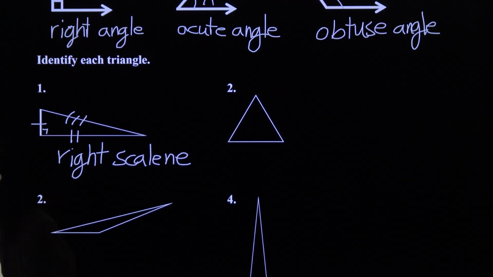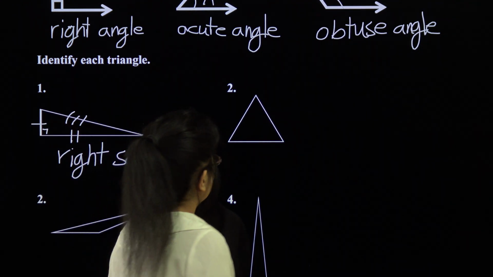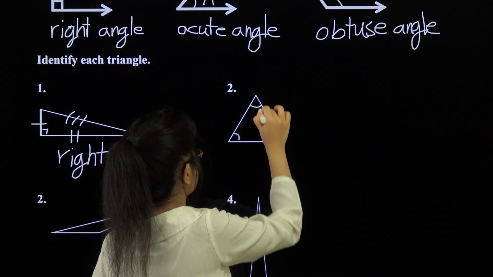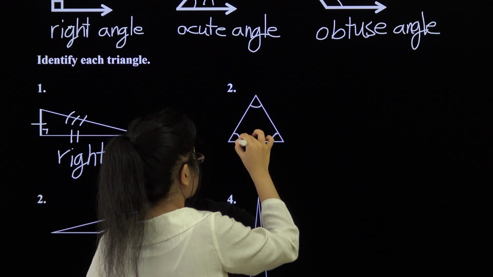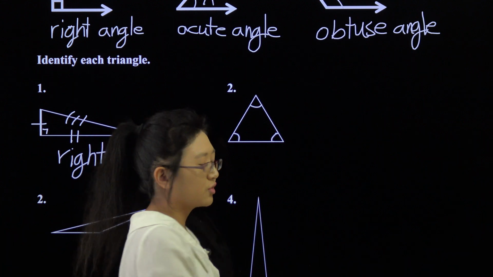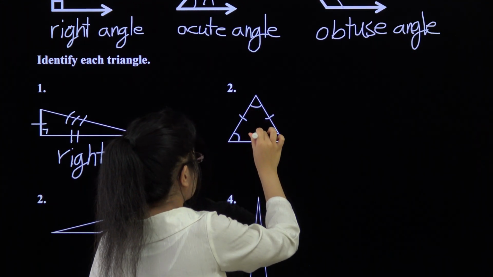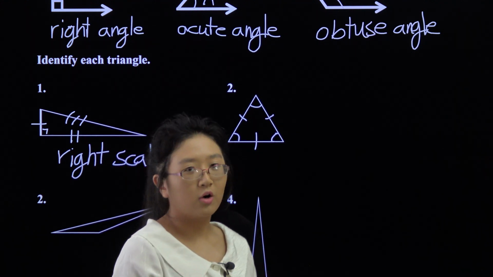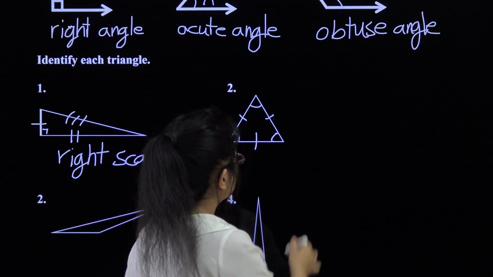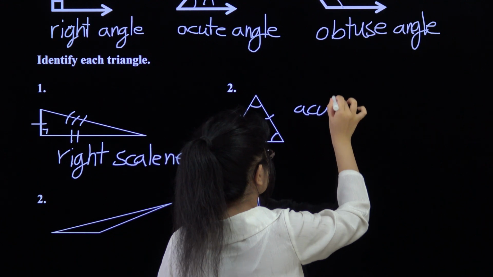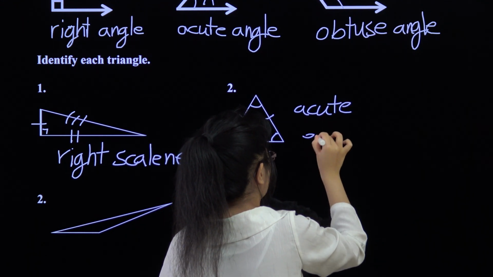Obtuse scalene, right scalene, acute scalene, acute isosceles, right isosceles, obtuse isosceles, and oh, by the way, this is supposed to be equilateral. And there's also a specific way to label angles. Equilateral triangles are always acute. Acute equilateral.